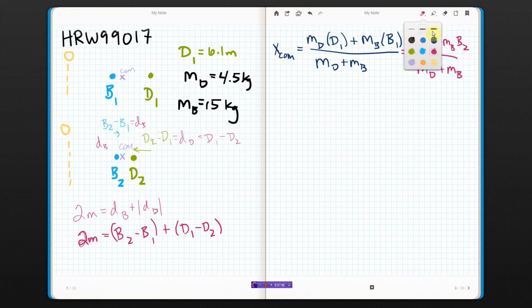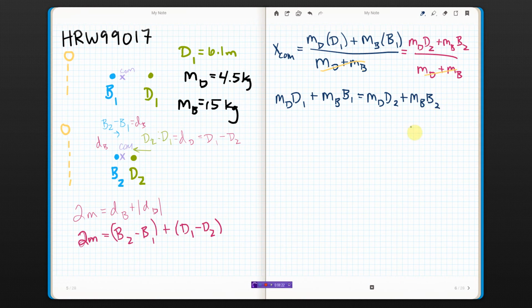Right away, I've got this on the bottom of both sides, so it can just go away. So now what I have is the mass of the dog times the initial position of the dog plus the mass of the boat times the initial position of the boat equals the mass of the dog times the final position of the dog plus the mass of the boat times the final position of the boat.